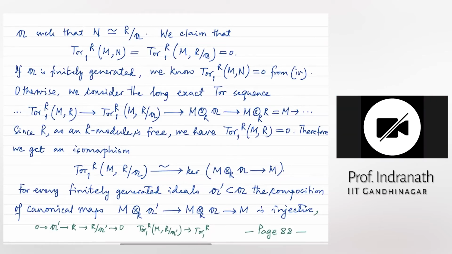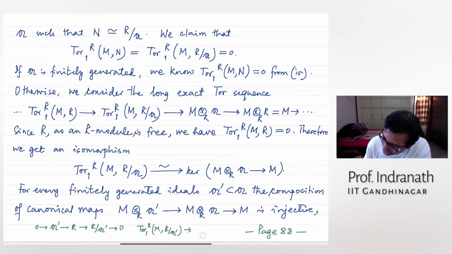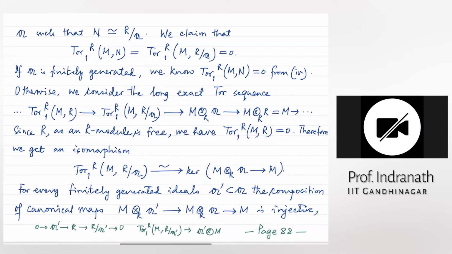This will be A' tensor M here, that is Tor0. Good. Now tensor M of these things, right? And since this is 0, therefore this will be injective.